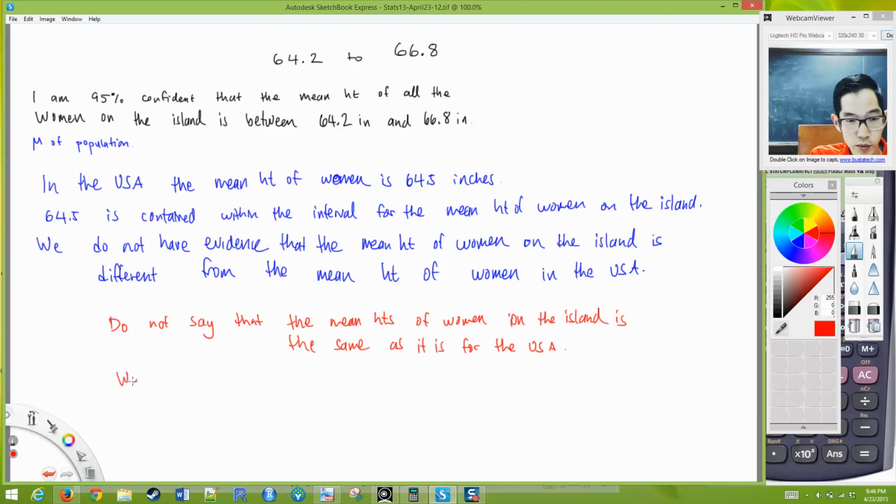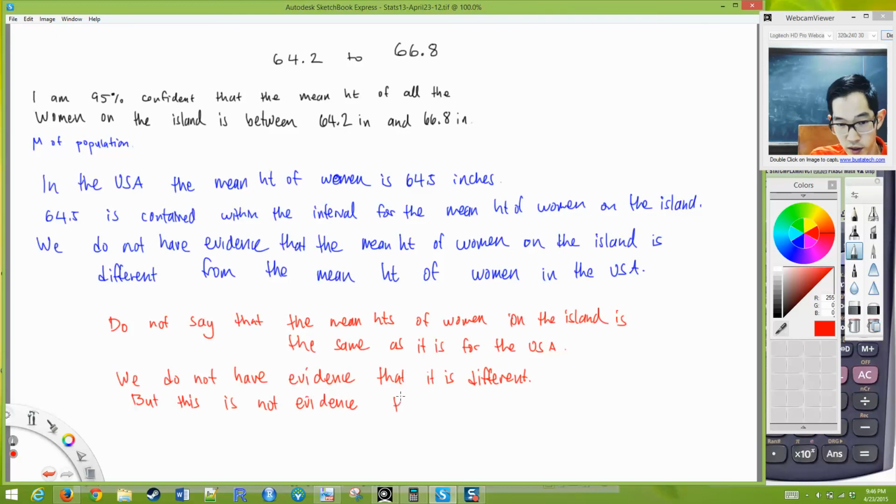We do not have evidence that it's different, but it's not evidence that they are the same either. Okay?